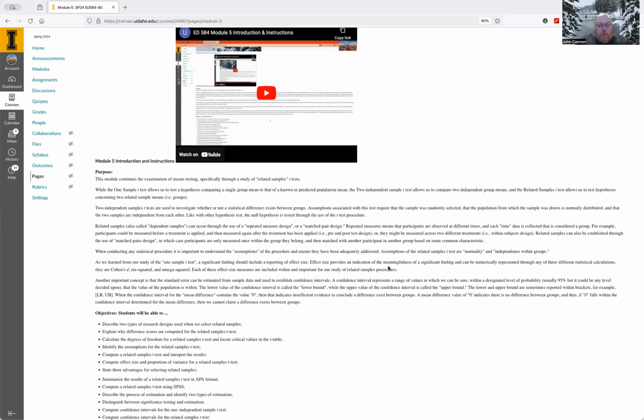The lower and upper bound are sometimes reported within brackets. For example, as you can see in brackets, LB, UB. When the confidence interval for the mean difference contains the value 0, then that indicates insufficient evidence to conclude a difference exists between the groups. A mean difference value of 0 indicates there is no difference between groups, and thus, if 0 falls within the confidence interval determined by the mean difference, then we cannot claim a difference exists between the groups.